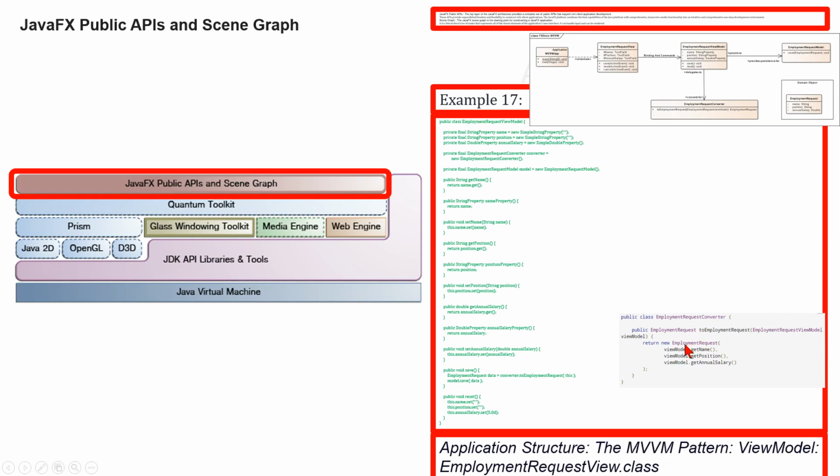In this app there is a single toEmploymentRequest method that creates an object from the view model fields. Here you can see the employment request converter class.